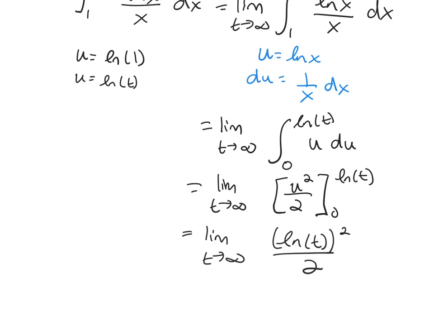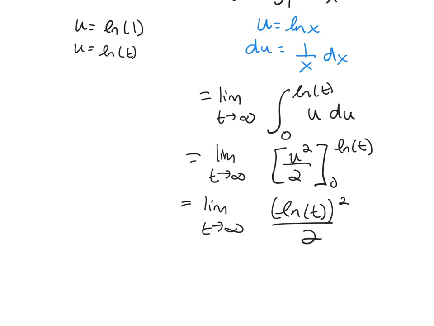What's this limit going to be? What's happening to the numerator as t goes to infinity, and the bottom is fixed, right? So this limit is going to be infinity. If you plug in 0 into this, you would get 0, right?